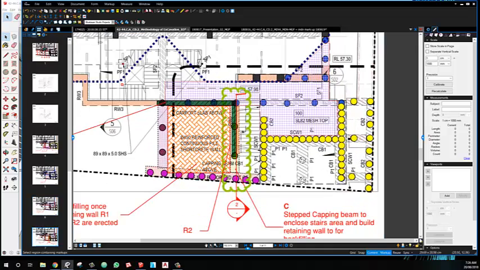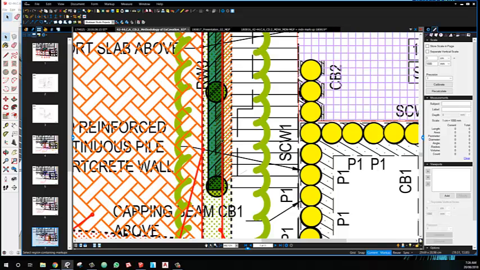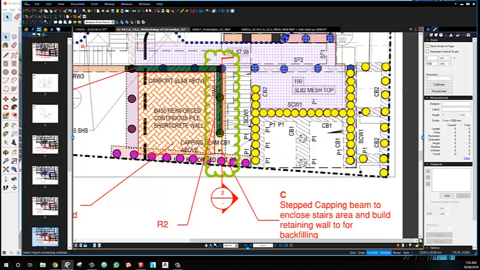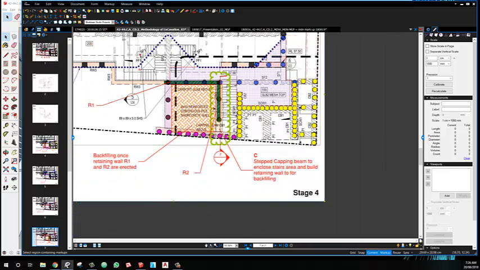Step 3, we can build up this step footing again that encloses the stairs, and then we have the preparation for the wall. Now we discussed that it might be a tinsel wall instead, that would be easier to build, and then we can backfill this hole.